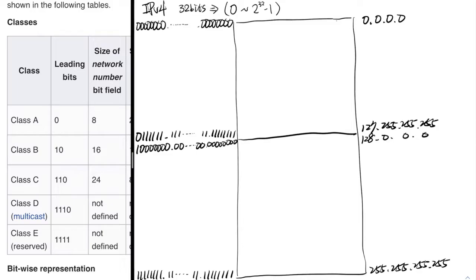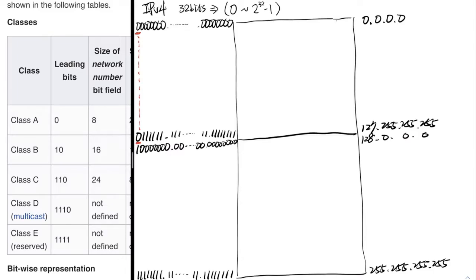So you can see that all the IP addresses in the top half start with 0. We call that the leading bit, or the most significant bit, of the IP.